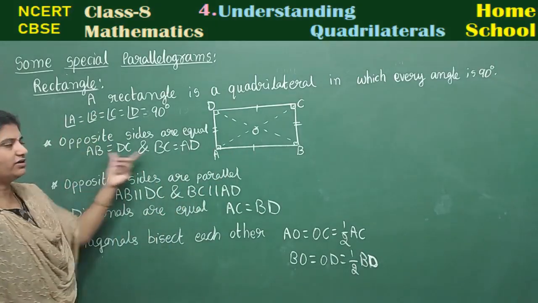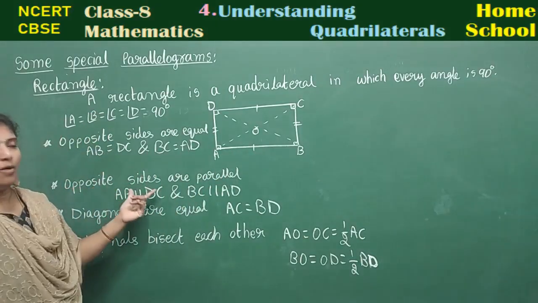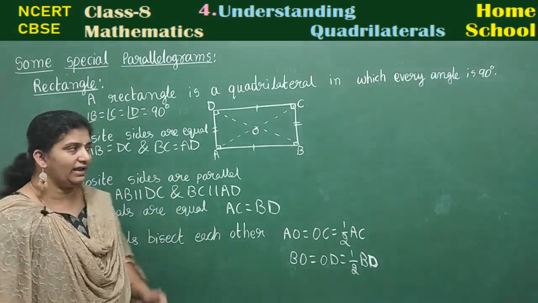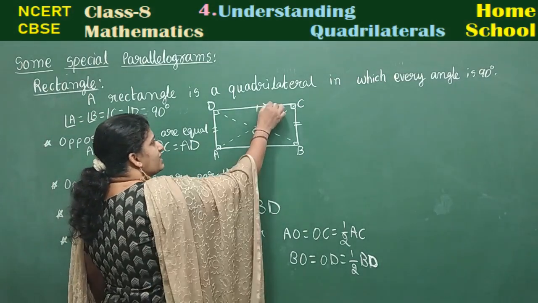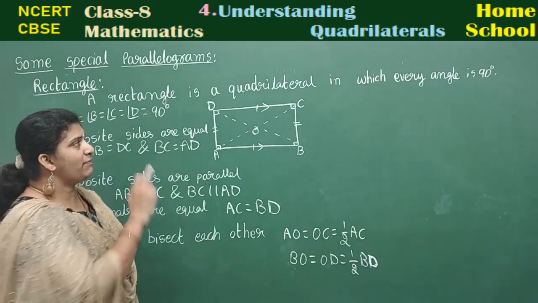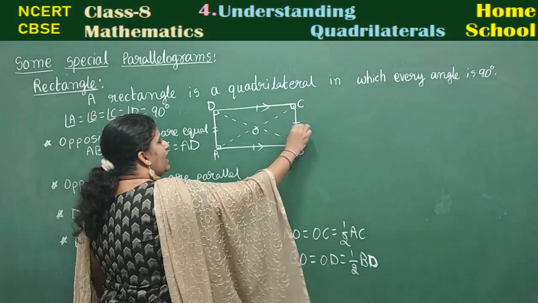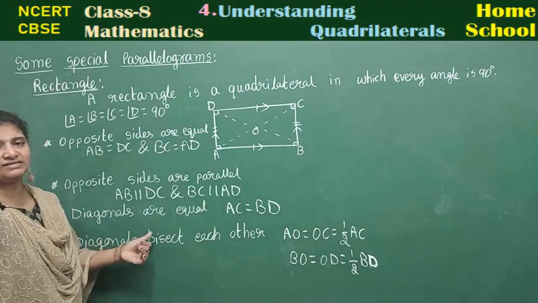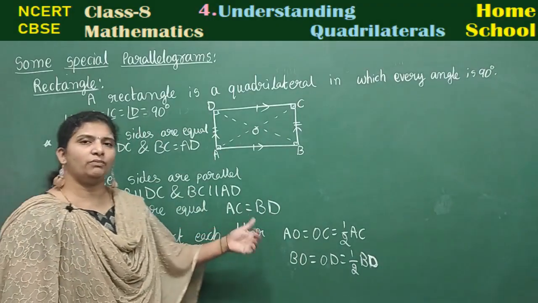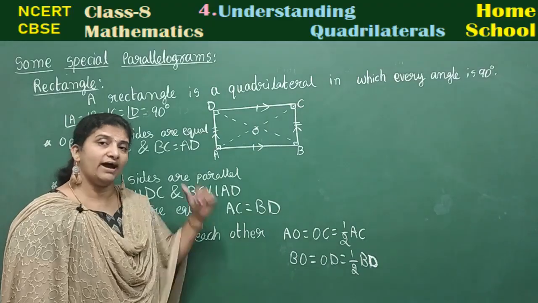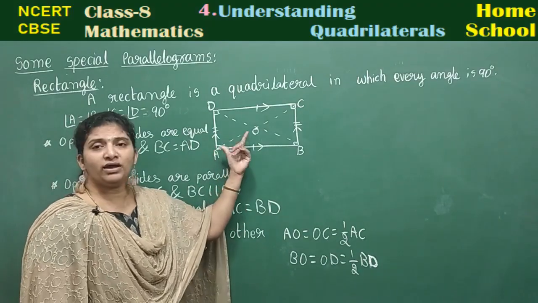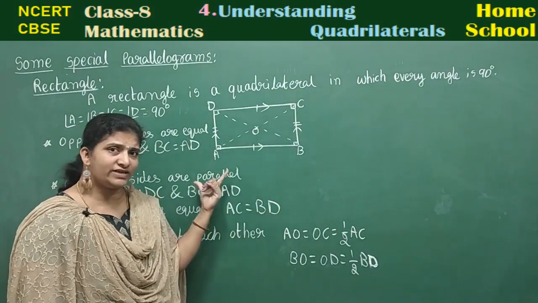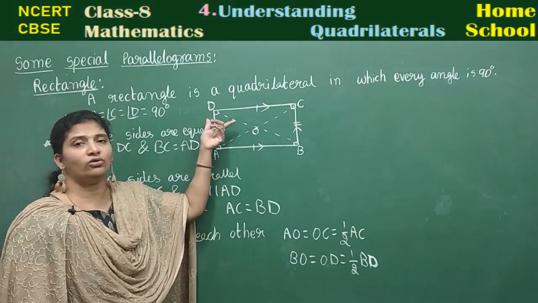Then opposite sides are parallel: AB parallel to DC and BC parallel to AD. Diagonals are equal, AC equal to BD. Diagonals bisect each other: AO equal to OC, that is half of AC, and BO equal to OD, that is half of BD.